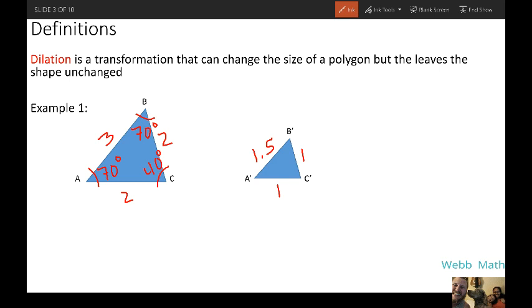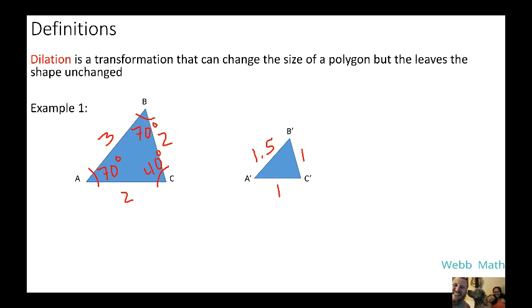Well, what changed? The distance, didn't it? So note that dilation can change the size, whether it's bigger, smaller, or even the same size. If you have a scale factor of 1, and we'll get to that, the object will stay the same. In this case, it did not. It got smaller.